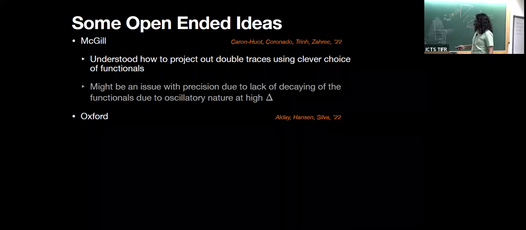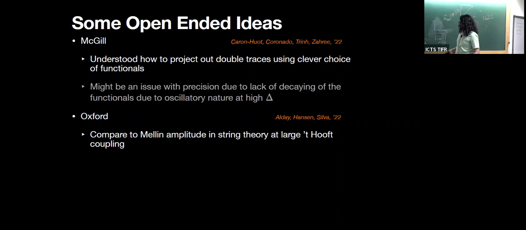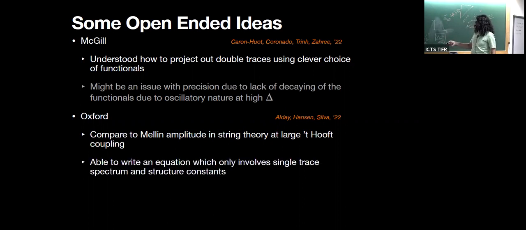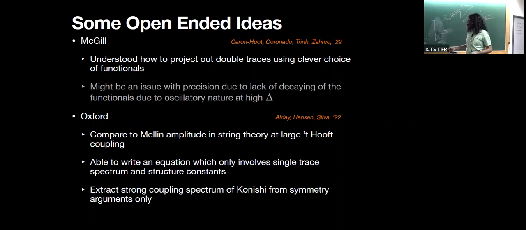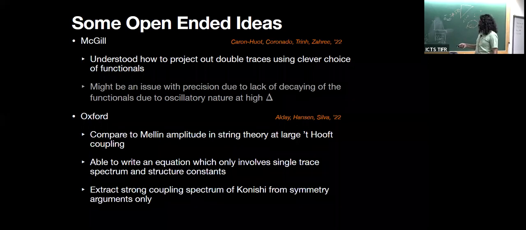Another direction was recently done by the group at Oxford, and what they did was they related the four-point function of 20' operators in N=4 to the graviton scattering amplitude in string theory, and what they managed to do was write an equation which only involves single trace spectrum and structure constants, and just using symmetry they were able to extract the strong coupling spectrum of the Konishi operator, for example.